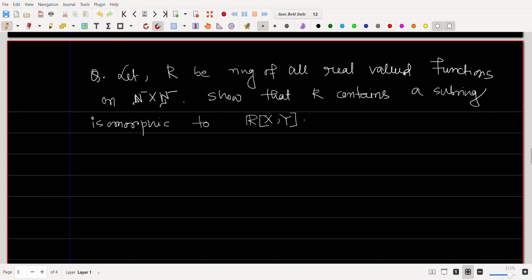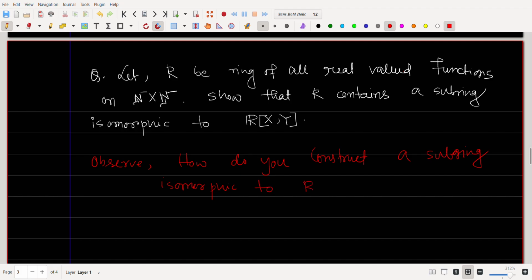See, observe how do you construct a subring isomorphic to this?